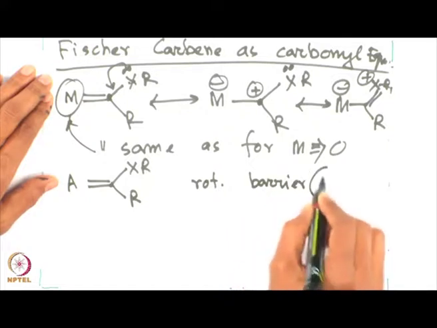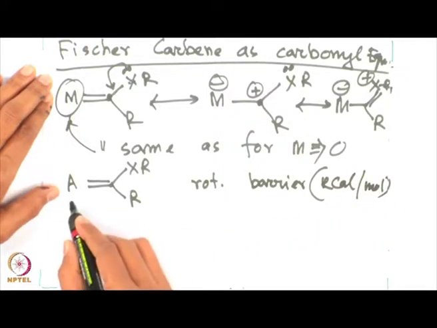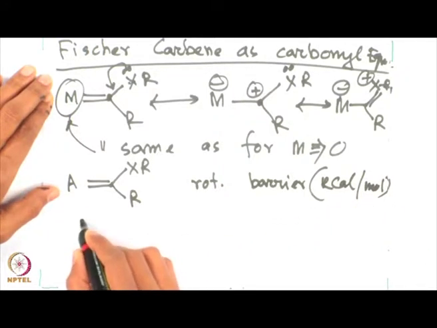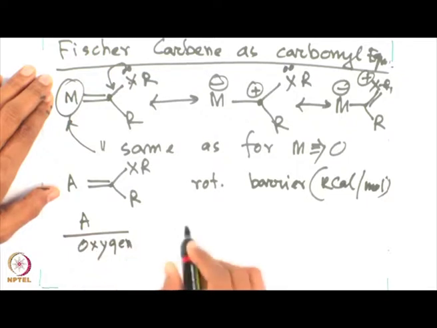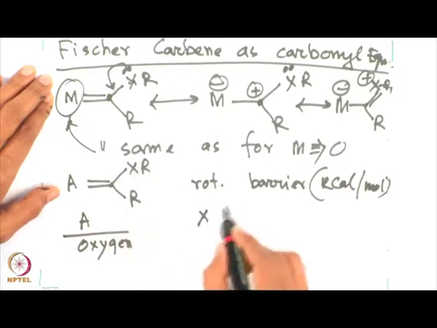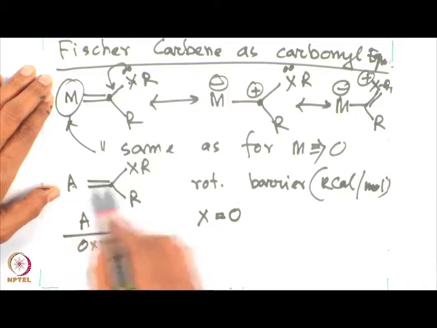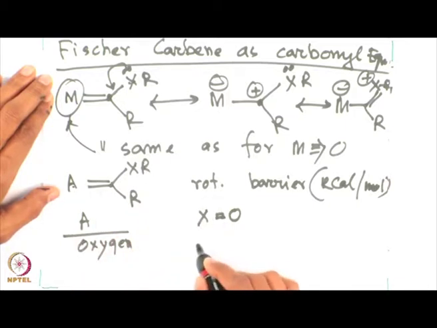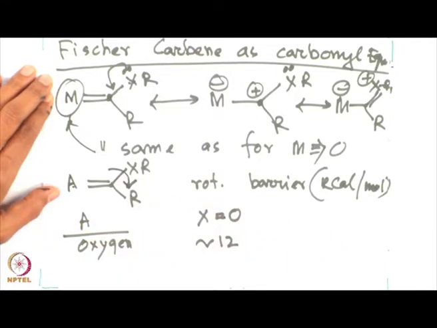The unit we are following is kcal per mole. If you have A as oxygen, and then X equals O, that means it is an ester we are talking about, RCOOR. The rotational barrier is nearly 12 kcal per mole for this rotation.